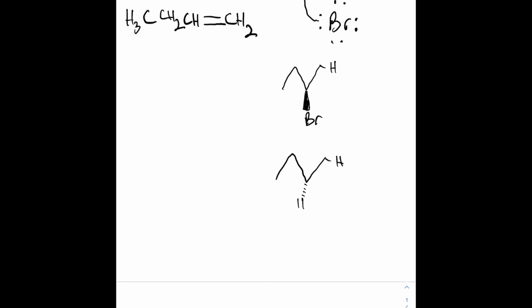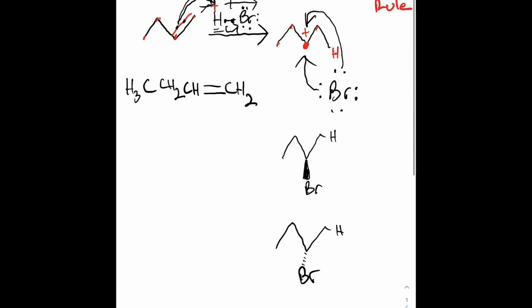So this bromine can attack from behind. Just think about this particular molecule being in three dimensions, and you can attack it from behind and the front, and you have to show that stereochemistry. So really you'll have a mixture of these two products here.